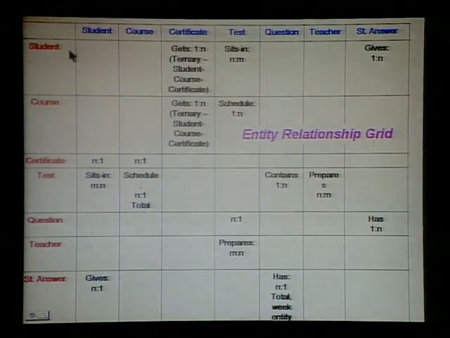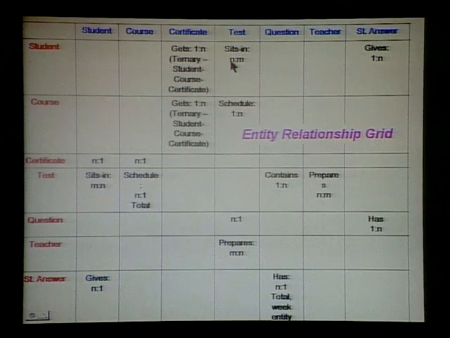For example, the student, certificate and course have a ternary relationship. One student may be enrolled in a course and he may get a certificate. Likewise, many students can be enrolled in many courses and they can get many certificates for each course.